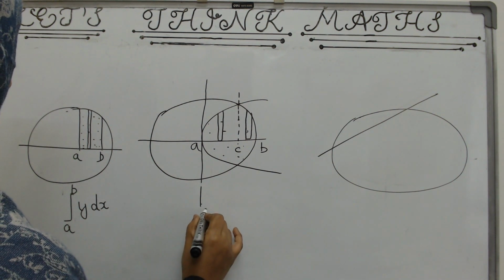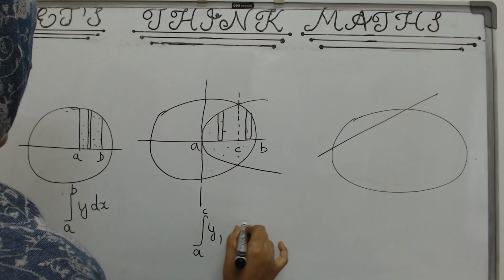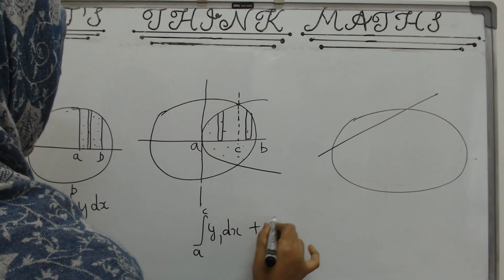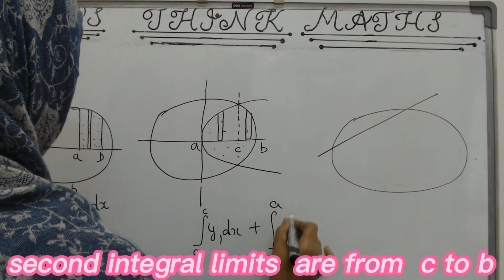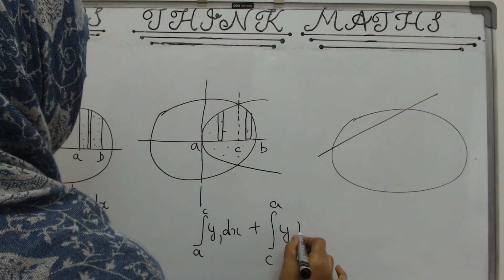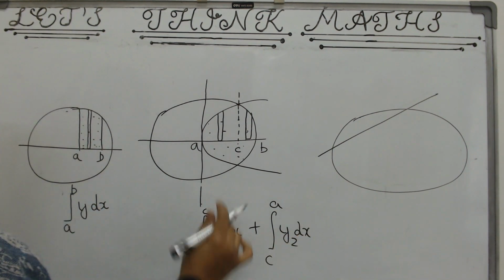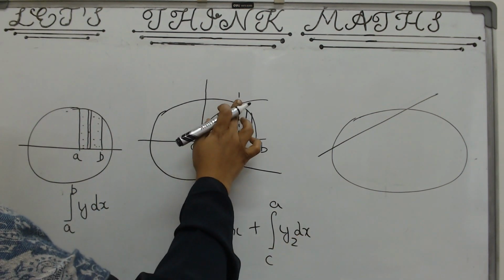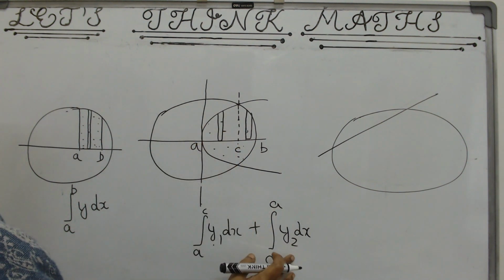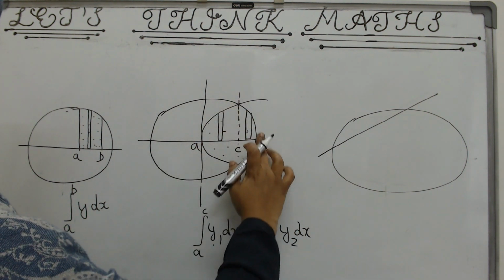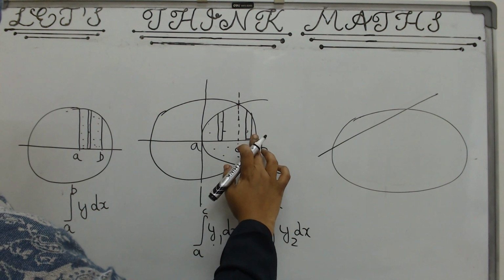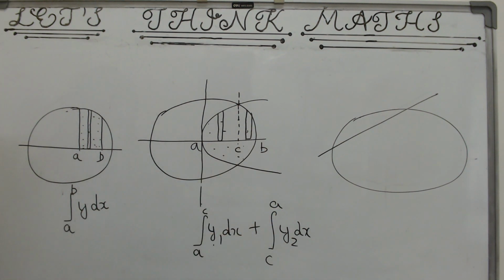From a to c, we have y1 dx, and from c to a, we have y2 dx. What is y1? y1 is given by the equation of the parabola. What is y2? y2 will be given by the equation of the circle. We split the integral. Two different limits, two different equations for y.